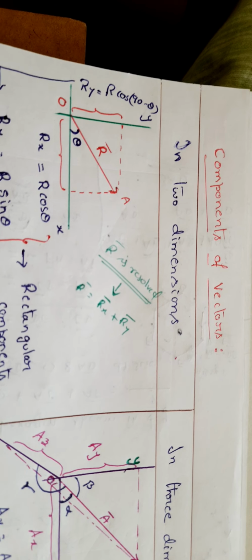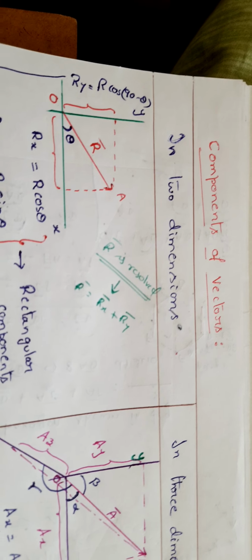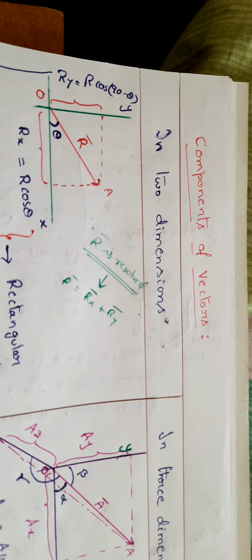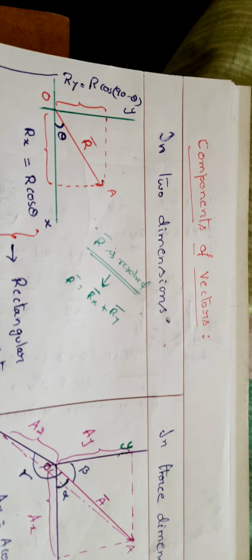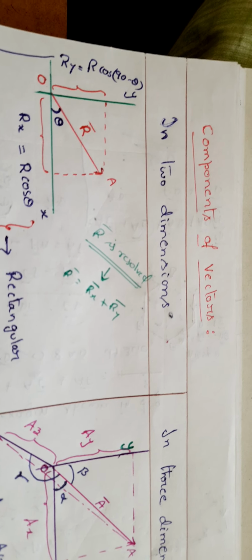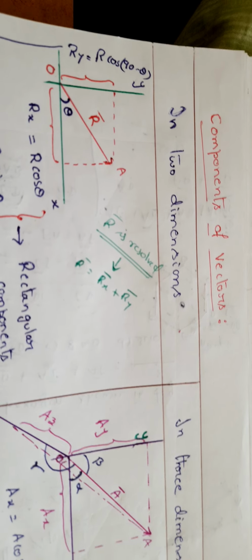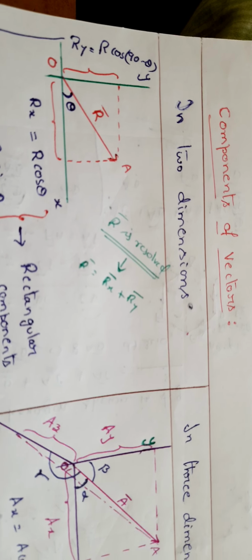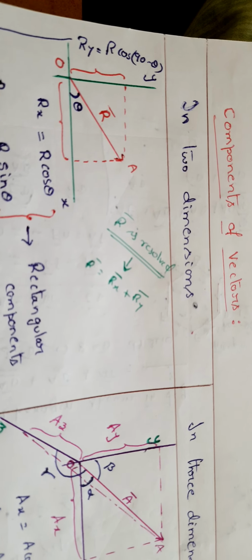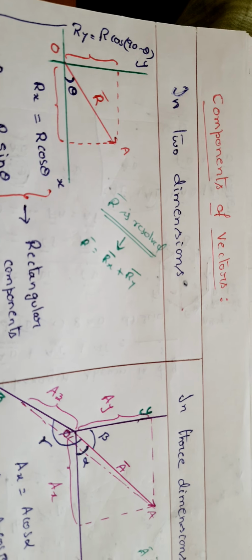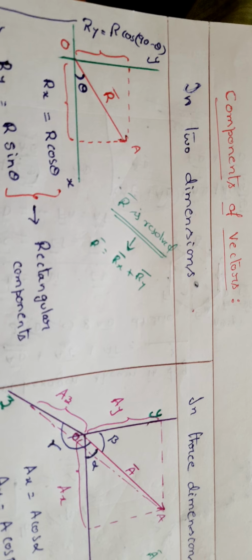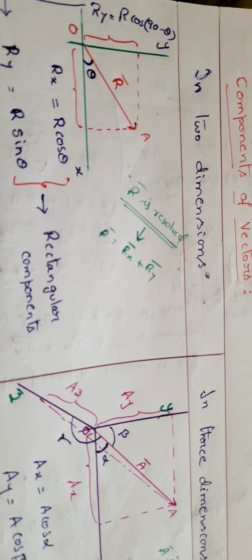So now today's topic, or the topic of this session, components of vectors. Here I am going to make a comparative study between the vector components in 2 dimensions and 3 dimensions simultaneously.